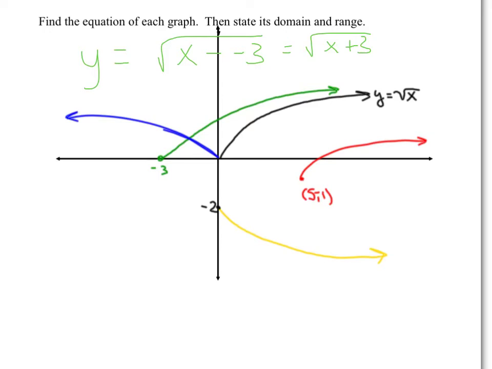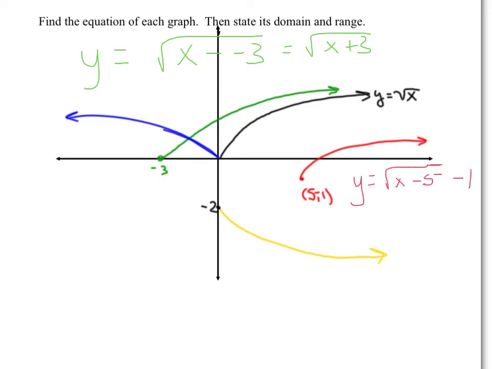For the red graph, we made two kinds of shifts. We have y equals the square root of our x shifted to the right 5, so we have x minus 5. But we also had a y shift in here that went down 1, so we need to say that it went down 1.